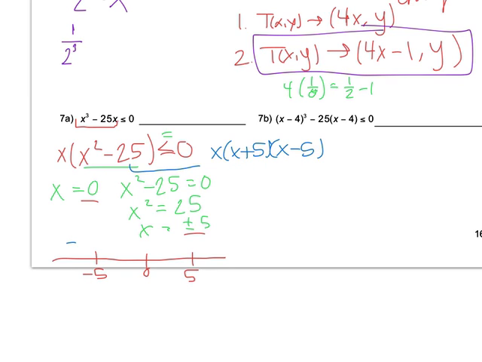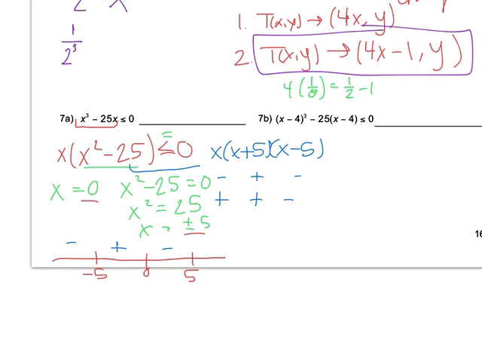So if you need to, write this down: negative, positive, negative. When I multiply those three things together, these two negatives would make a positive, times a positive gives me another positive. Now if I plug in something between 0 and 5, say I pick 1, then I would have 1, which is positive, add 5, positive, subtract 5, negative. So the product of those three things would be negative.